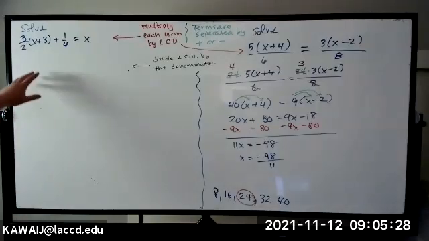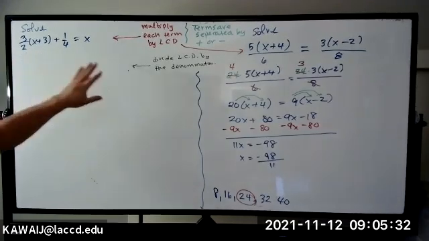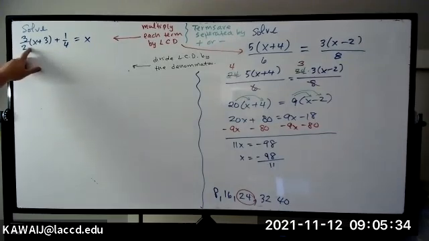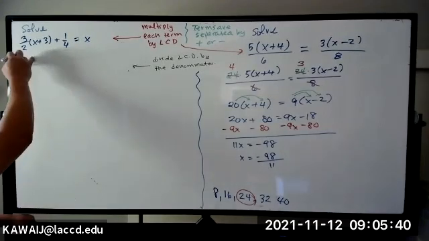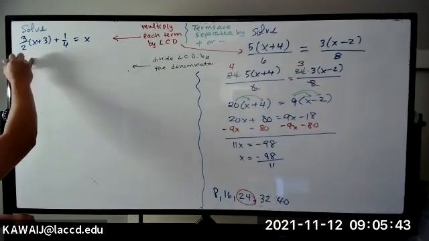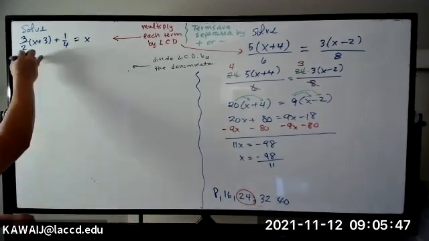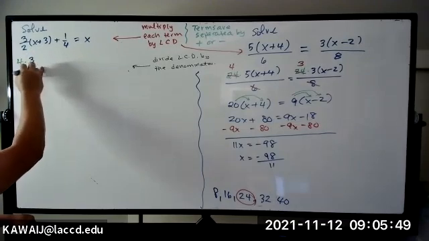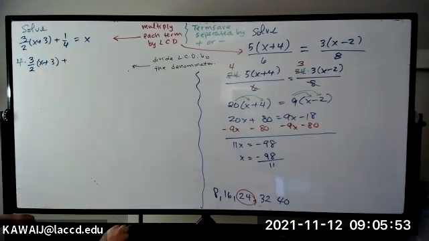So my lowest common denominator here is 4. Now the difference between this and that is that we have a fraction in front of our parentheses, but it works exactly the same. So I'm going to multiply this by 4. And then 4.